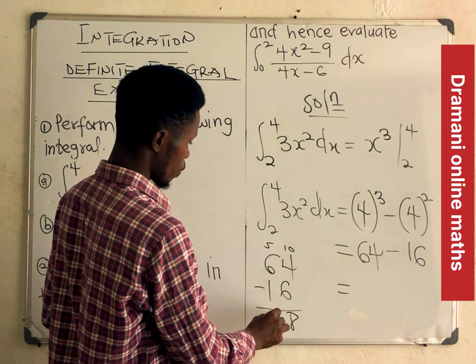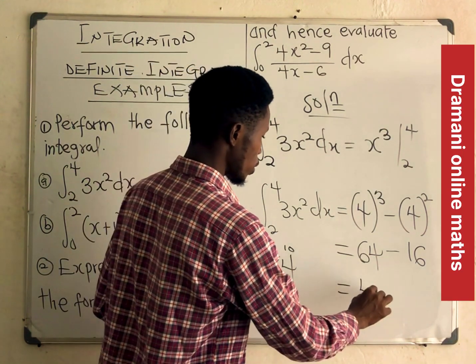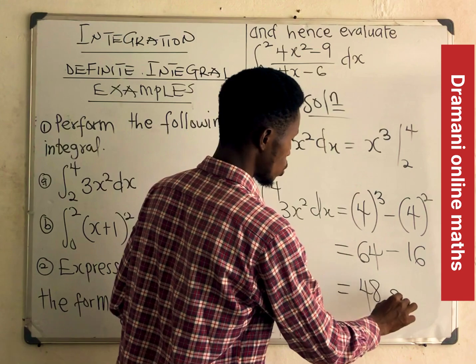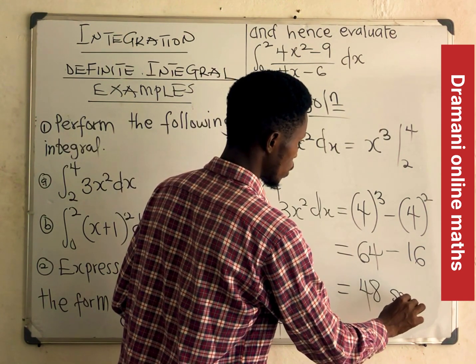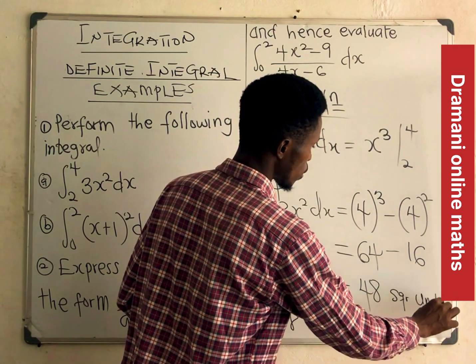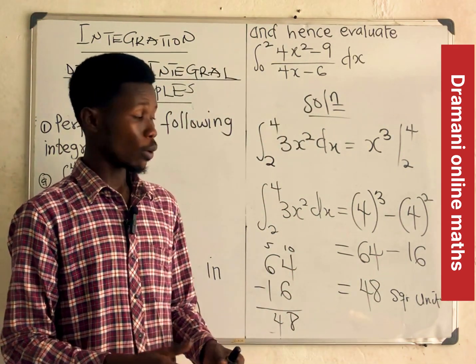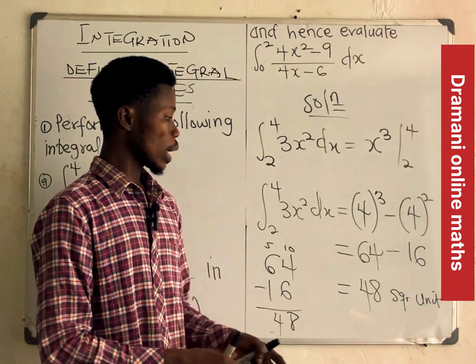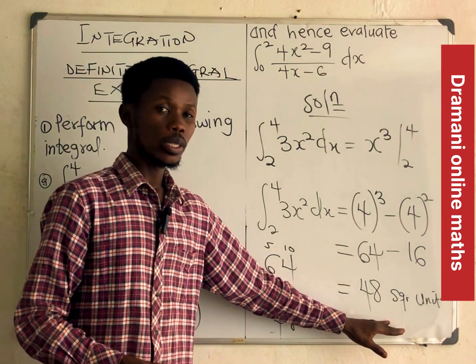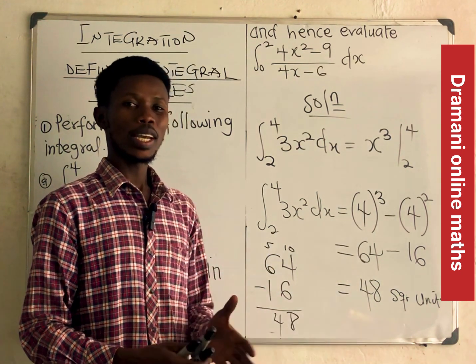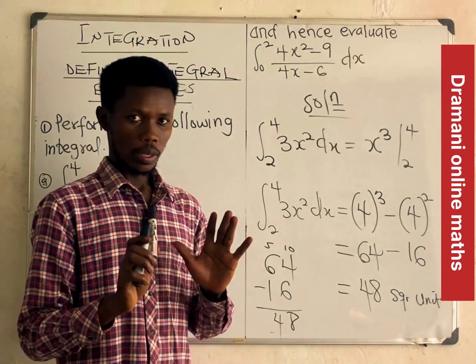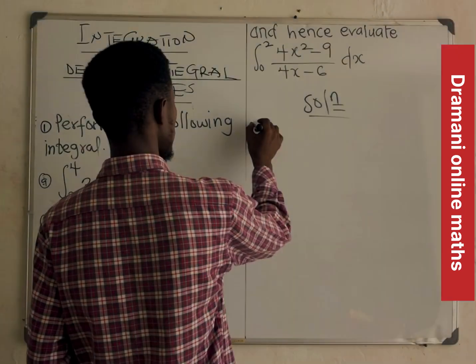Then here I have 4. So this will give us 48 square units. Is that okay? So this is how we do the calculation. I'm bringing the square unit because whatever answer you get is the area under the curve. Right, good.